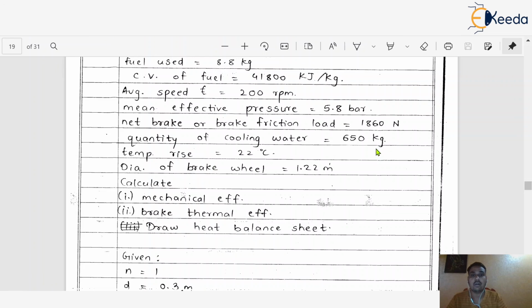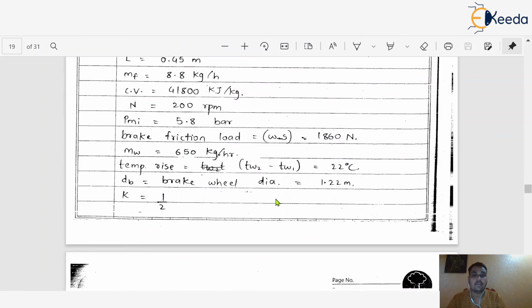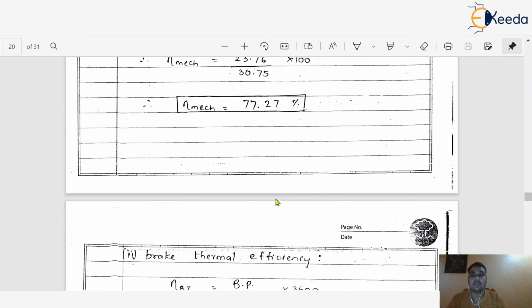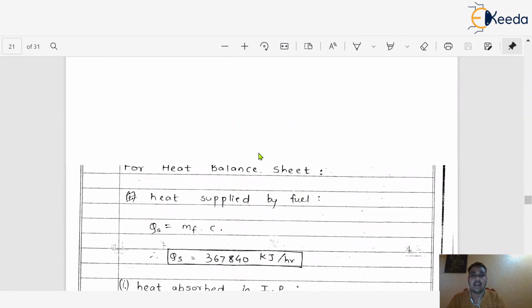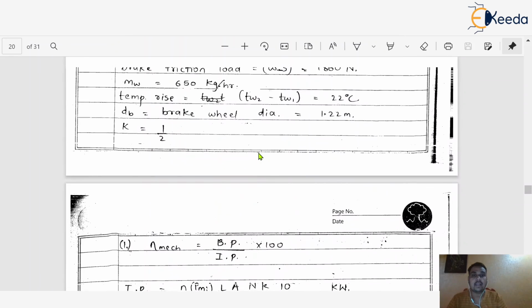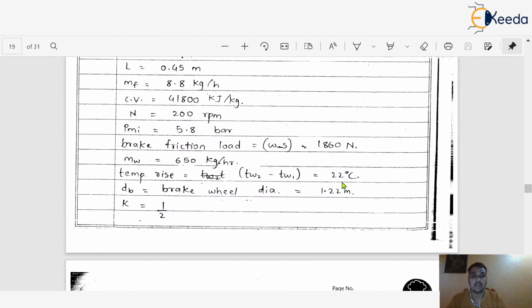Put that 650 over here, and the temperature difference is also given in this problem, I think it is 22 degrees Celsius.